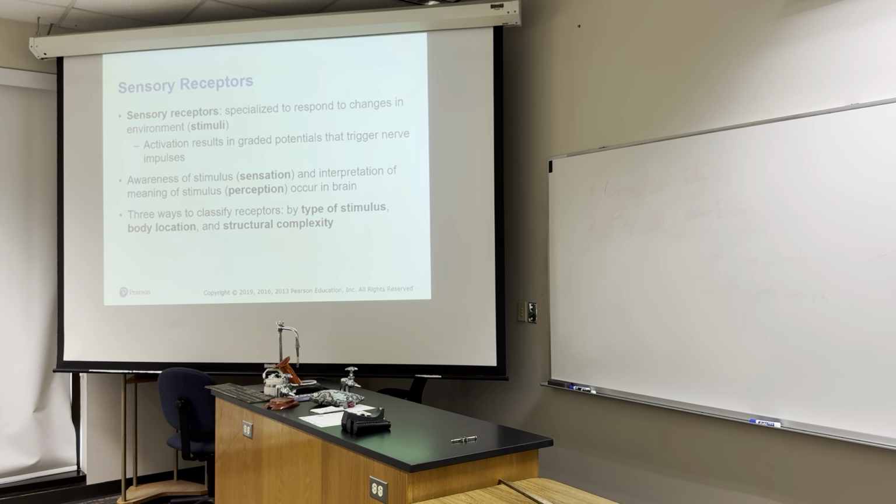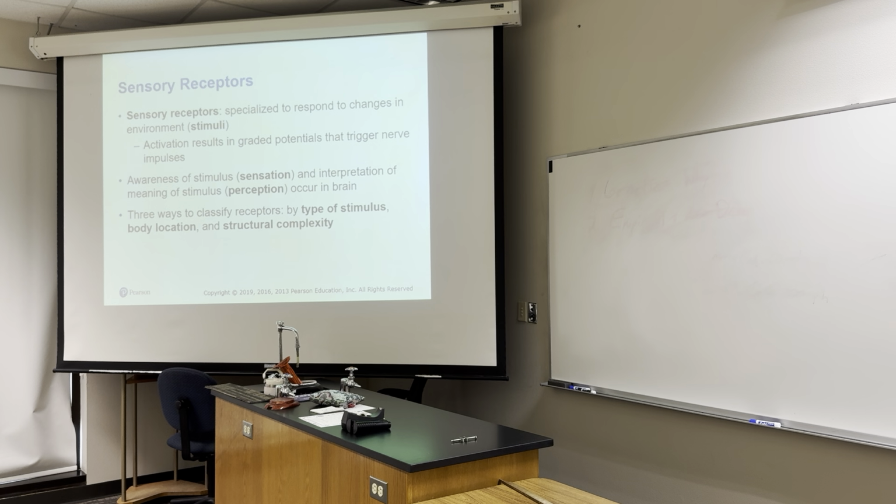Now I want you to understand that for each sense, to be able to sense anything, you have to have the receptor for it, right? When we say we have to have the receptor for it, what does that mean? It means for touch, you have the touch receptor. Remember the tactile corpuscle? We talked about it when we were talking about the skin.